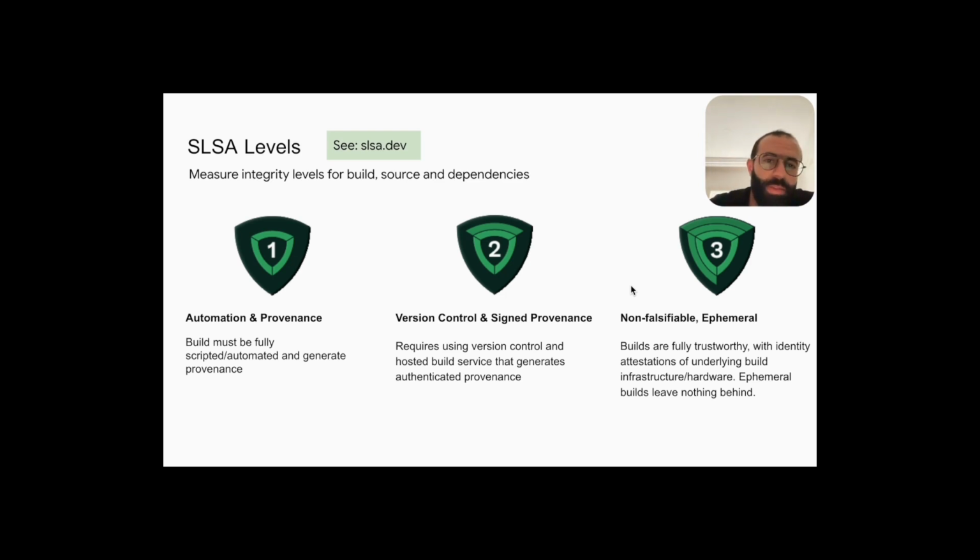And finally, SALSA level 3 is when your builds are fully trustworthy. With identity attestation, each image that you build will be attested at each step, and then it will be deployed to your runtime only if it's attested. You can see salsa.dev, which is the website where you can find all the levels with more details about the SALSA framework and SALSA levels.